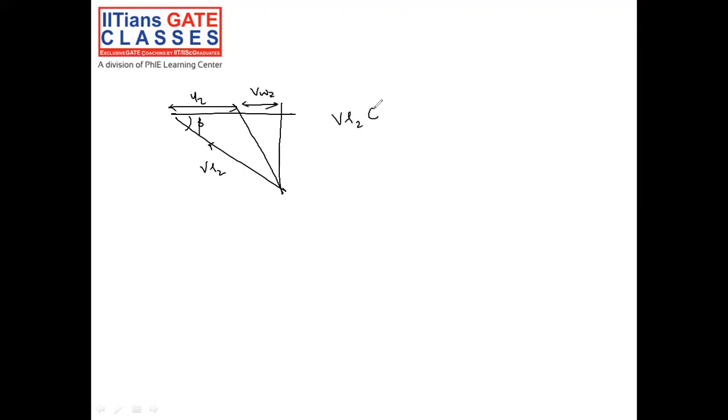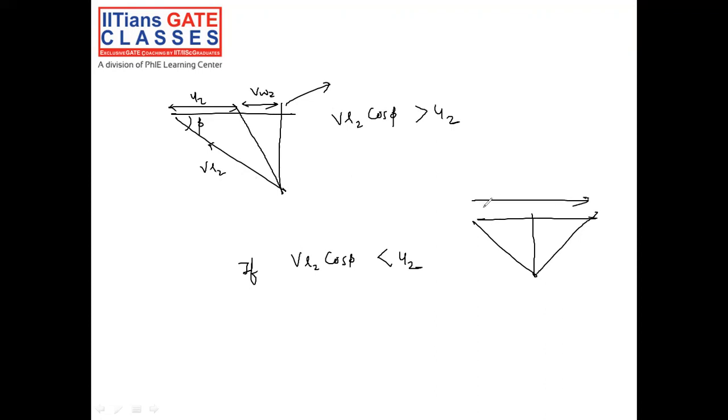If VR2 cos phi is greater than U2, then this velocity triangle will come into the picture. If VR2 cos phi is less than U2, that means U2 is greater than the VR2 cos phi component, in that case this outlet velocity triangle will come into the picture.